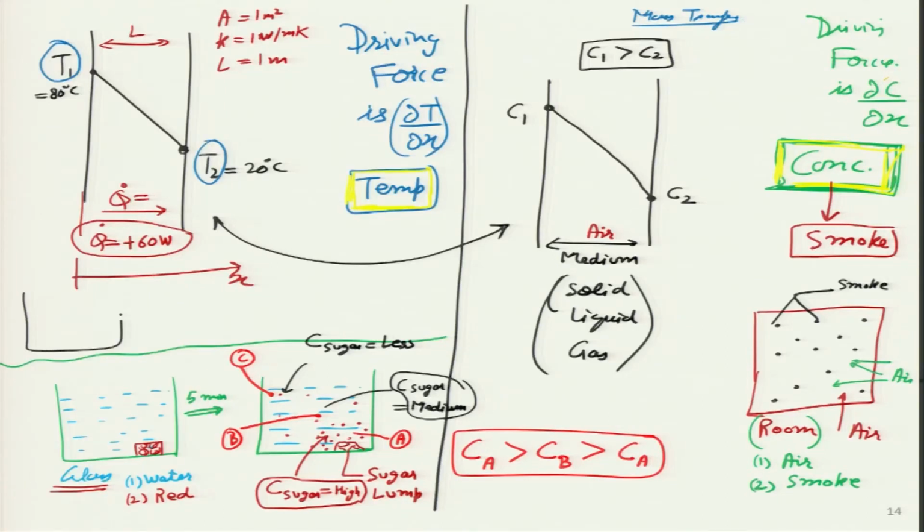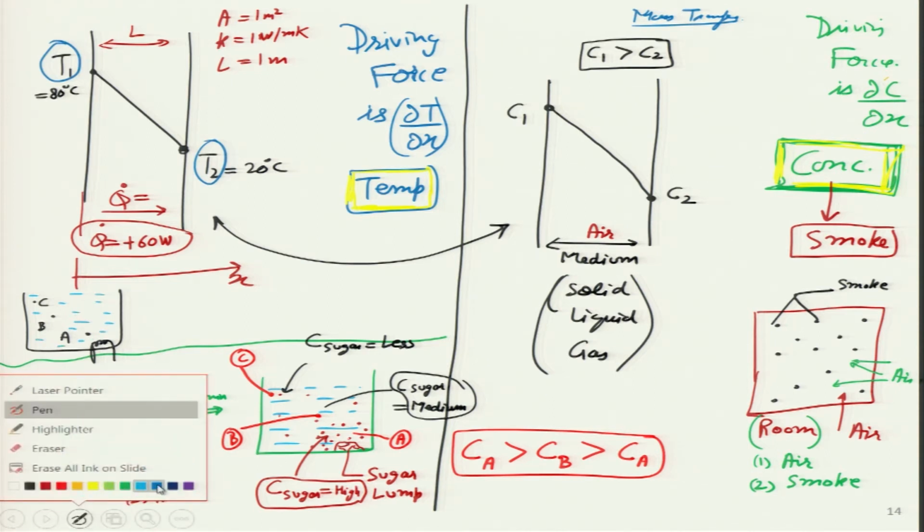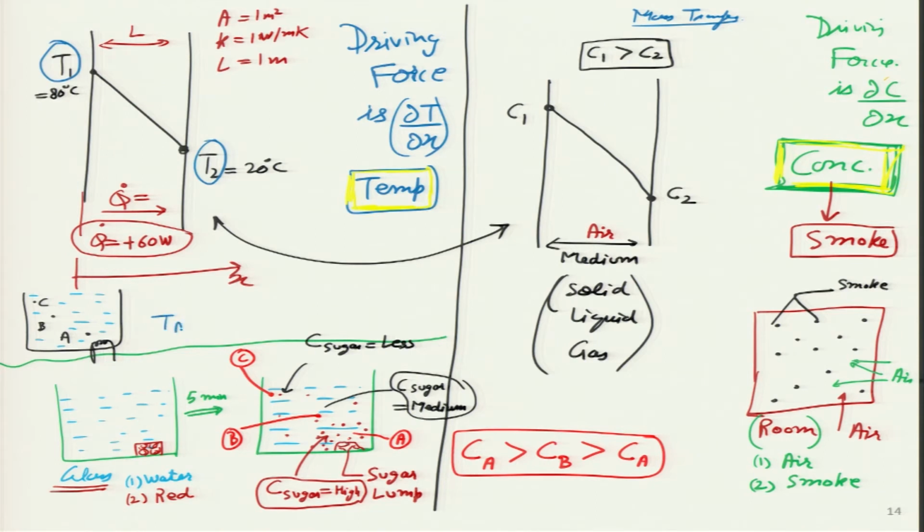I am heating water with this particular filament over here, and this is point A, this is point B, and the further from it, the temperature reduces. Water I will show in blue color. So, here I can write with confidence that the temperature at point A will be higher than at point B, which will be higher than at point C.